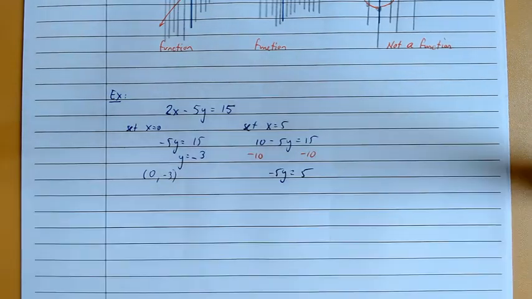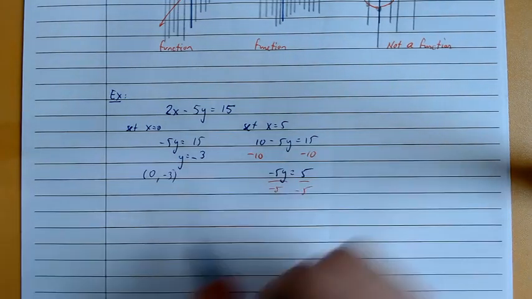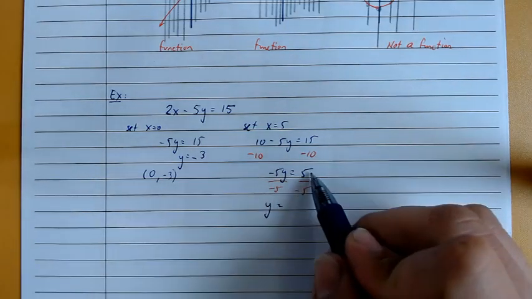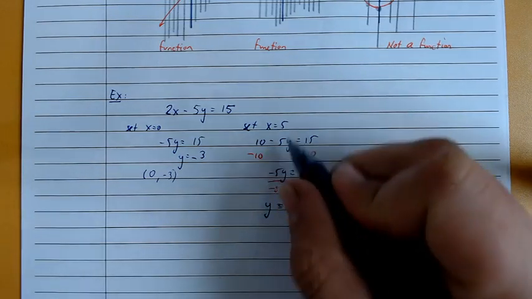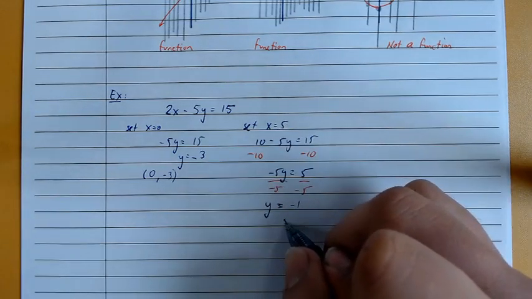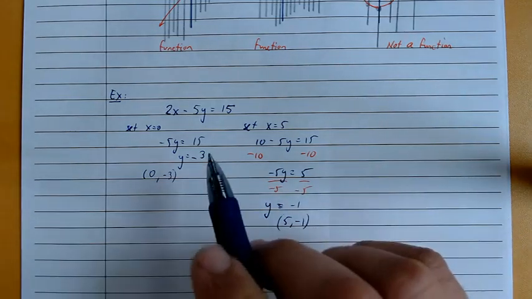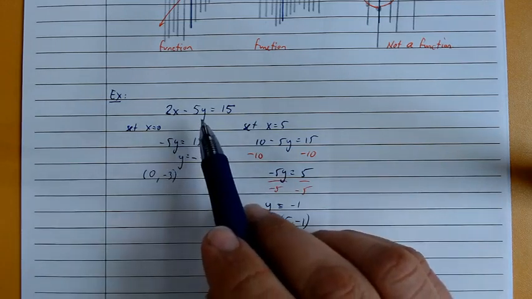That'll give us 5 on the right side. And then we can divide both sides by a negative 5. Here the y is now by itself. And that's equal to 5 divided by negative 5, which is negative 1. So that's another solution. x equals 5 and y equals minus 1: 5, minus 1.